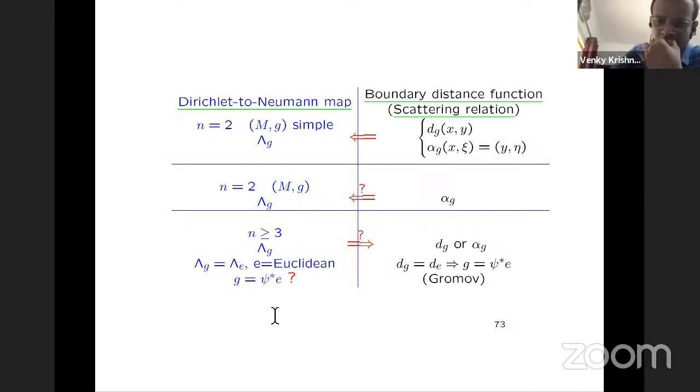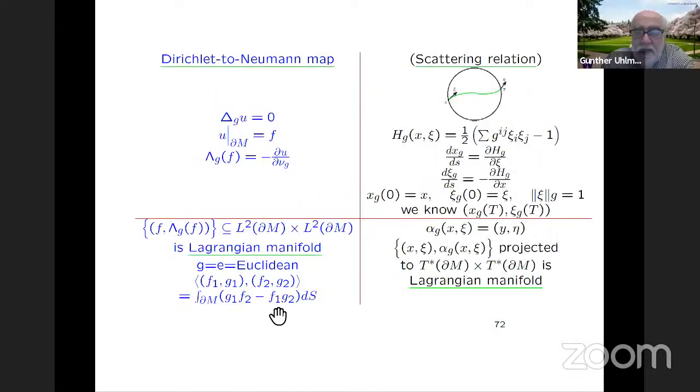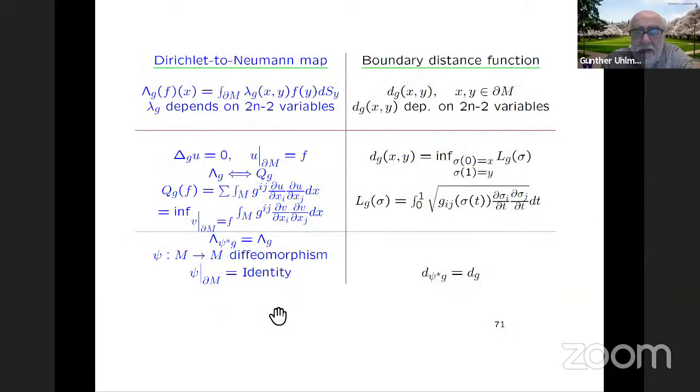We use the fact that this is an elliptic pseudo-differential operator in this calculus, and that's not the case in dimension 2. The local question in dimension 2 is very interesting, but this method doesn't give it.